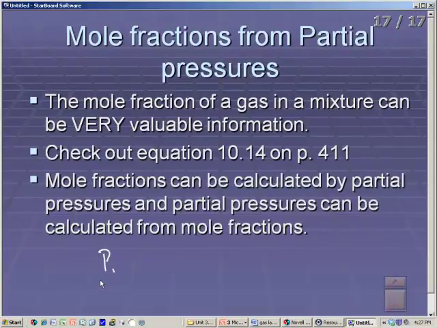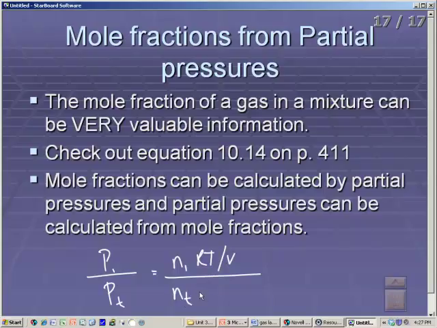It says P1 over P total, so this is the partial pressure of one of the gases over the pressure total, is equal to n1 RT over V, all over n total RT over V. This will give you a mole ratio because the RT over V cancels, and so you simply have the mole ratio of the first gas over the total number of moles.